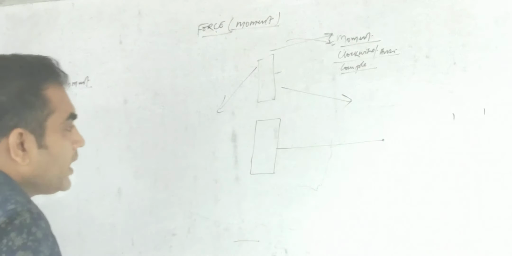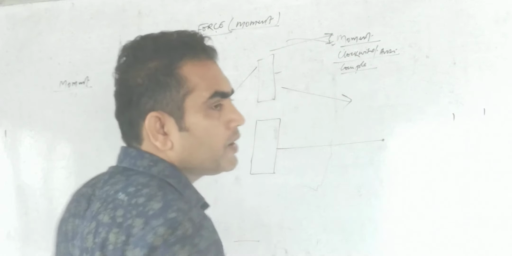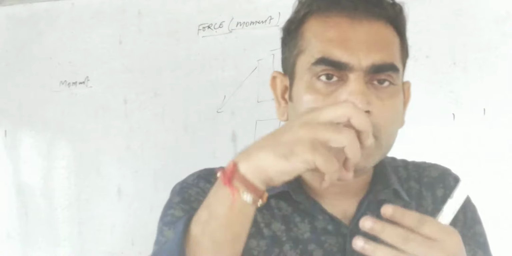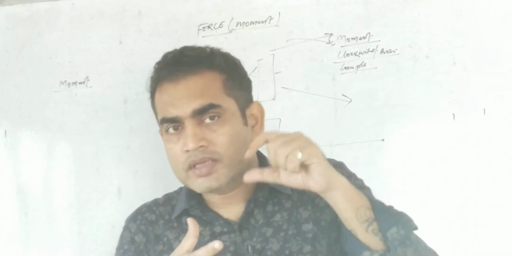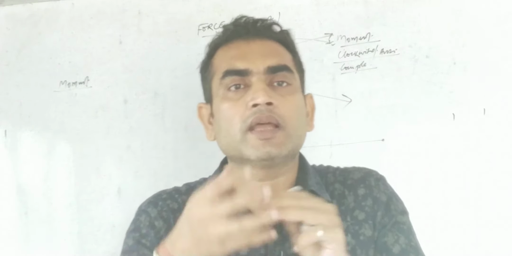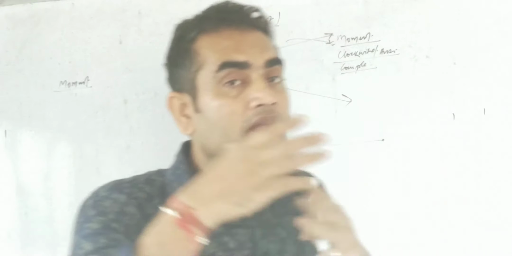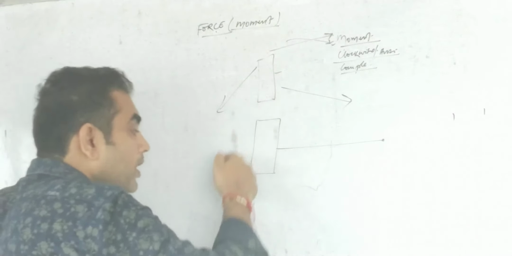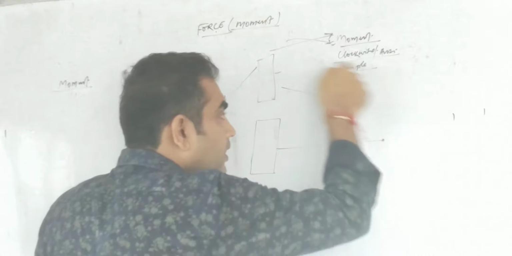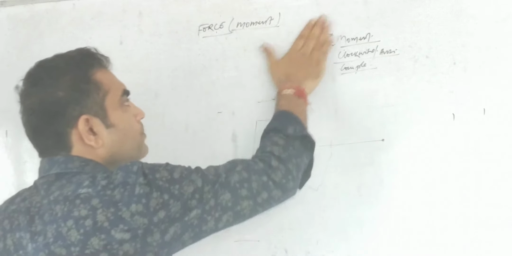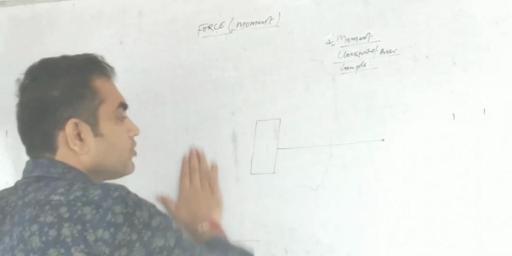But whenever the object is pivoted at a particular point, under that situation, if a force is applied on the object, that force will cause the turning effect, a movement of the object around that particular point. That means the object will tend to do rotatory motion.